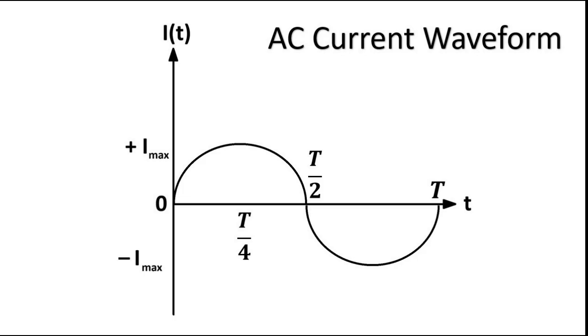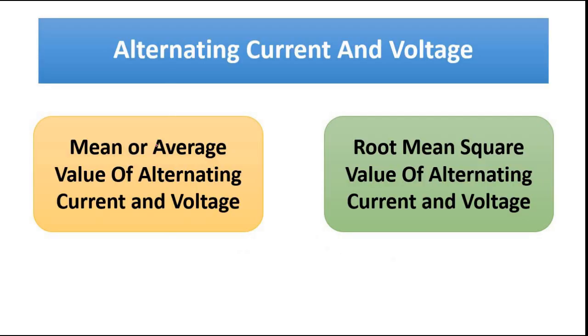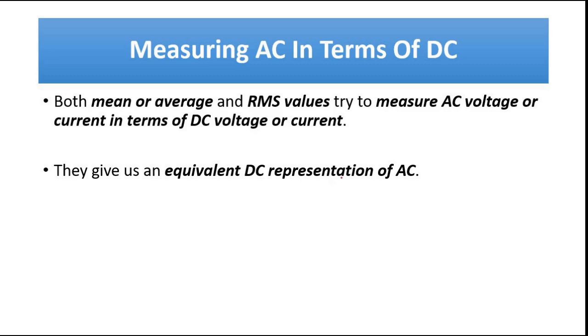Just like we discussed for the mean or average value of alternating voltage and current, the two parameters we discussed, the mean or average value and the root mean square value, try to give us an equivalent DC representation of the AC signal.